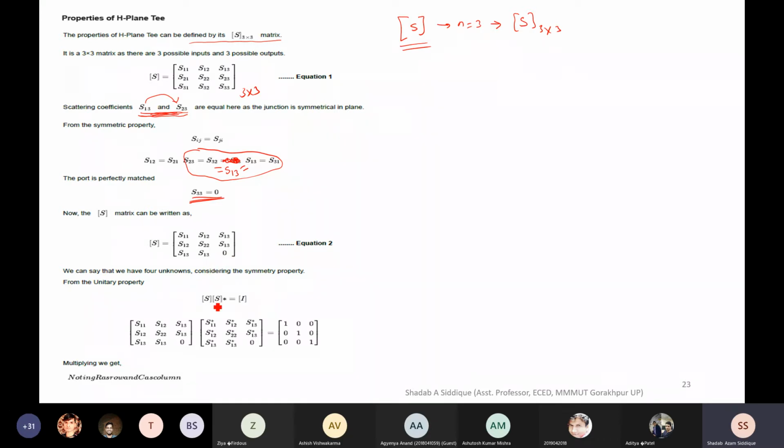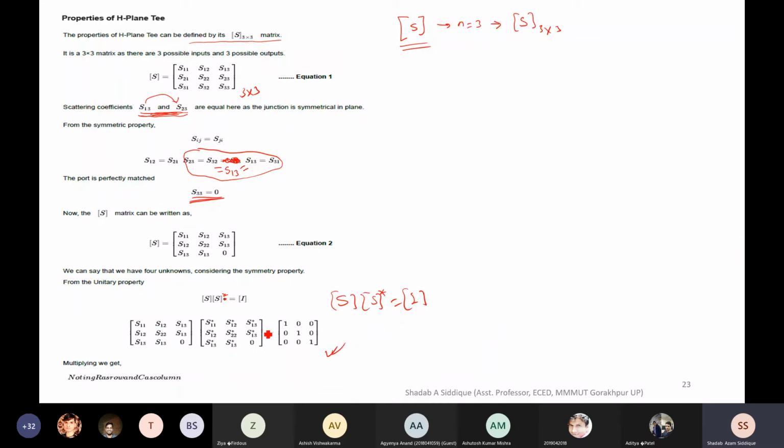We can use the unitary property and the zero property of the scattering matrix. Taking the unitary property, S times S conjugate is equal to the identity matrix. We can substitute here and find it out.